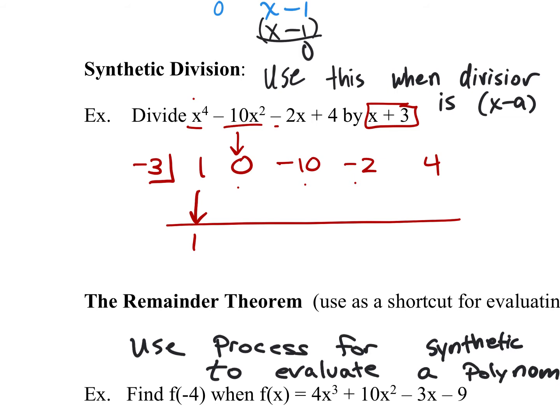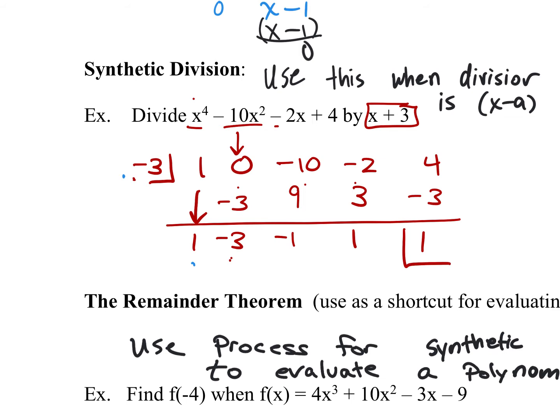From here, things speed up. We will multiply -3 times +1 and get -3 as a result. We will then add the next column, and then we're going to do the same thing. We're going to multiply -3 times -3 to get +9. We add, we multiply, we add, we multiply, and we add.